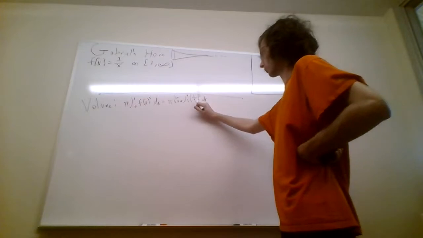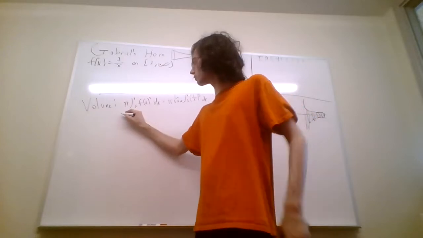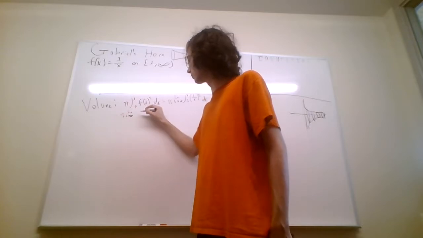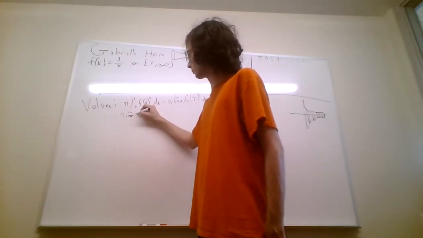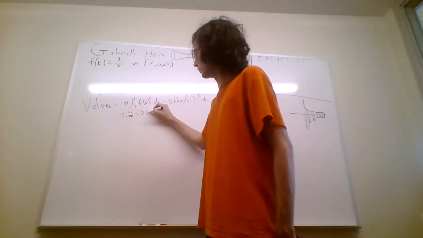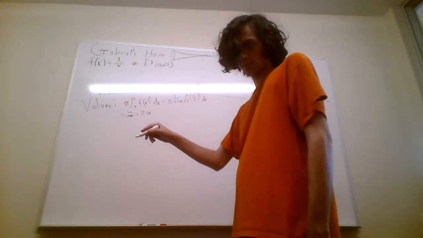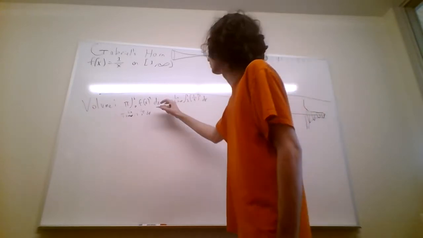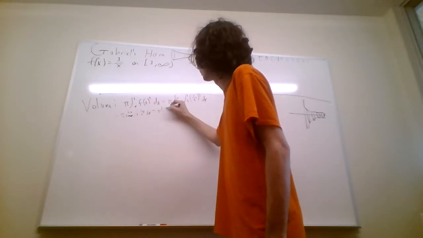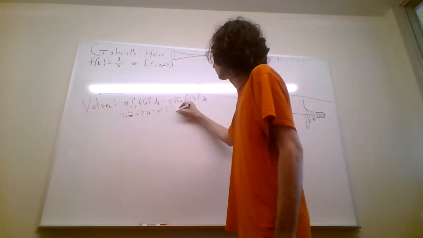Okay, 1 over x squared is 1 over x squared, so equal to pi limit b approaches infinity, integral from 1 to b of 1 divided by x squared dx. Okay, so the integral of 1 over x squared is negative 1 over x, so we'll do that. Pi times negative 1 divided by x, the bounds from 1 to b.